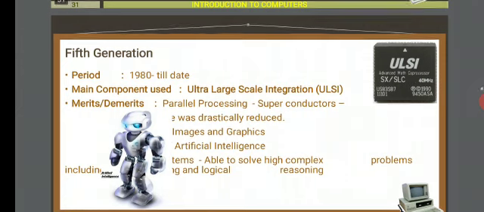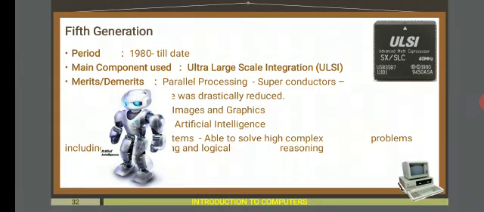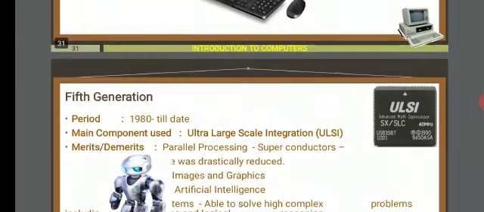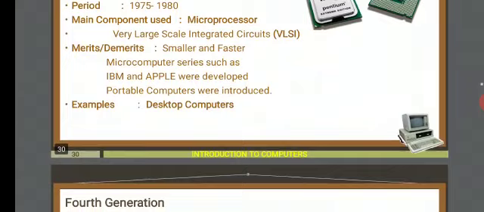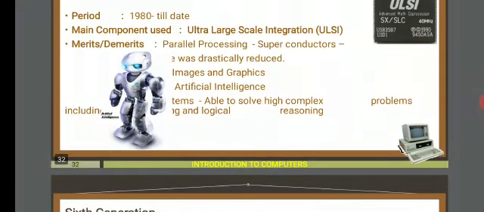And next is the fifth generation. The period was from 1982 till date; we are using the fifth generation. Here the main component was ultra large scale integration, that is ULSI. In the fourth generation we used VLSI. The merits: it uses parallel processing, superconductors, and we have started using images and graphics and artificial intelligence.